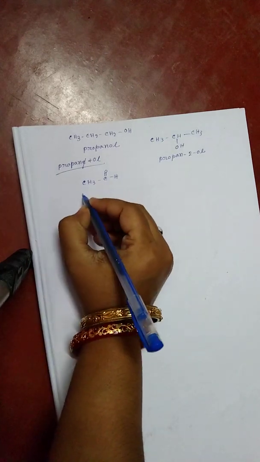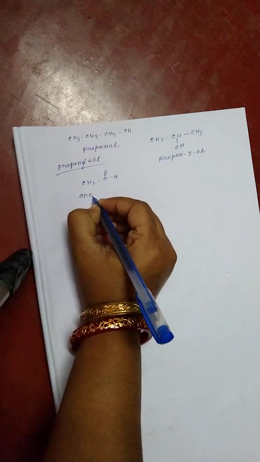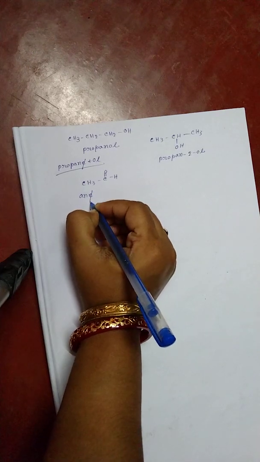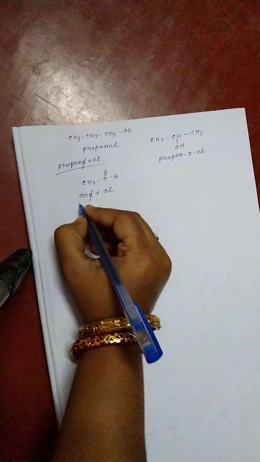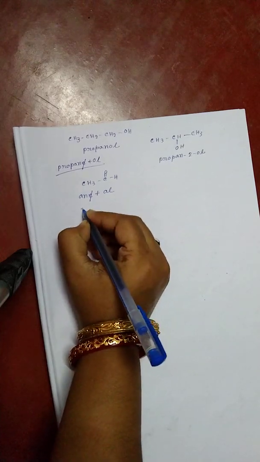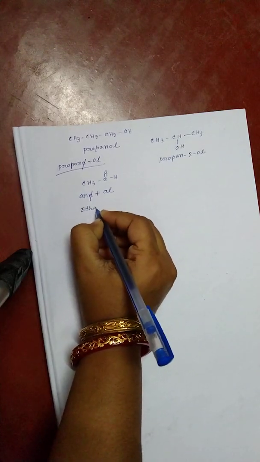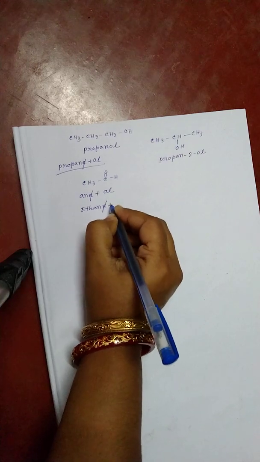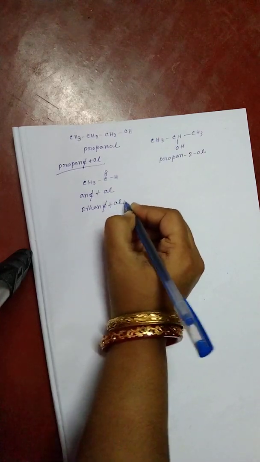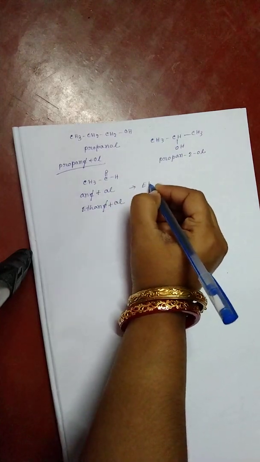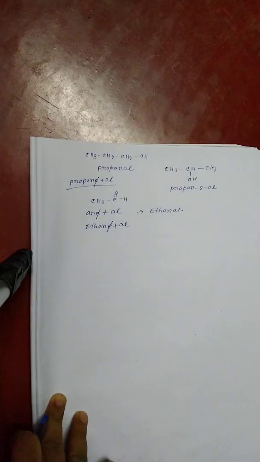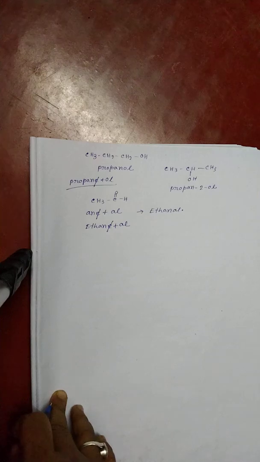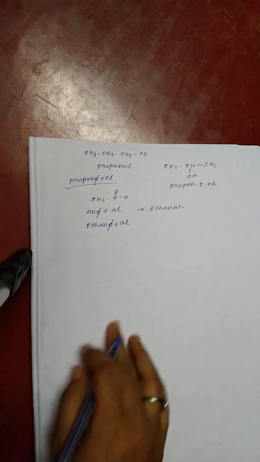In this case also we just remove the e and add al. So ethane, we remove e and add al, so this is ethanal.